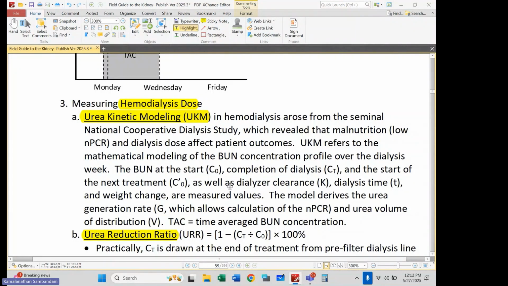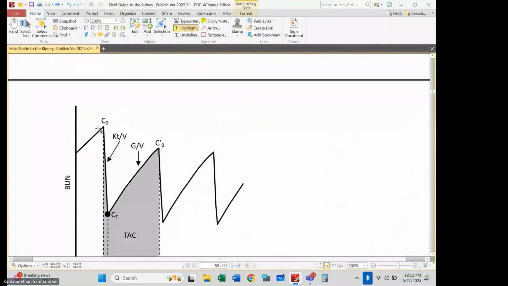It's done through a complex mathematical formula that allows one to make sense of the pre-dialysis urea and post-dialysis urea that you're achieving given a certain blood flow, dialysate flow, and KoA, as well as dialysis time.